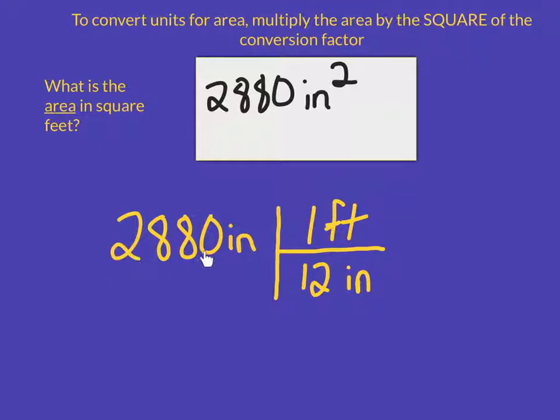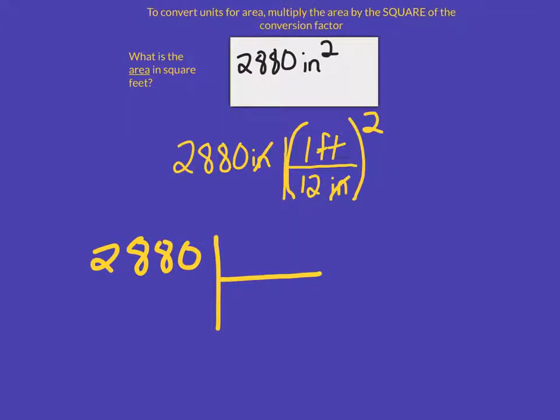I've set all this up like we normally do, inches here, inches there, so that inches will cross out. But now I need to take the square of my conversion factor and square everything that's in it. To square this, you have to square both the numerator and the denominator.